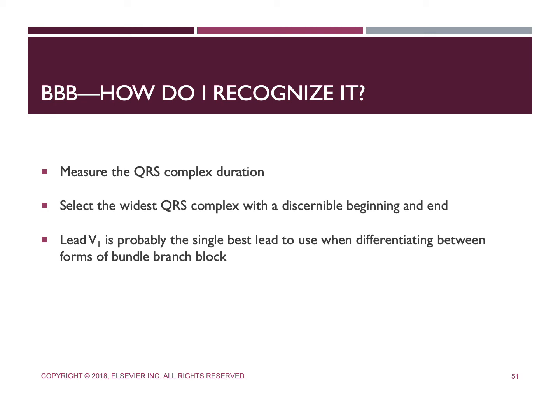However, in differentiating the right bundle branch block from the left bundle branch block, you want to pay particular attention to the QRS morphology or shape in specific leads. Lead V1 is probably the single best lead to use in differentiating between forms of bundle branch blocks.